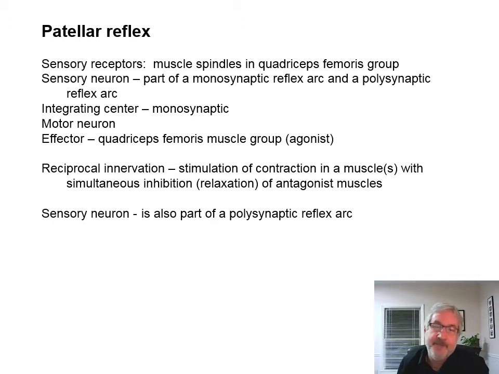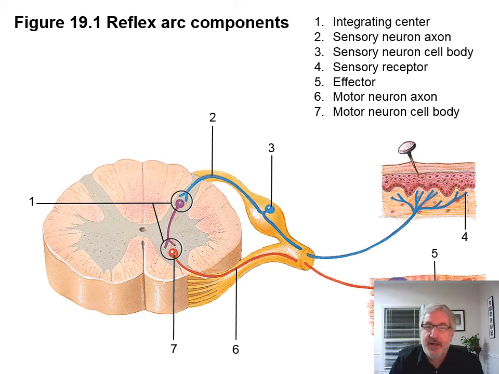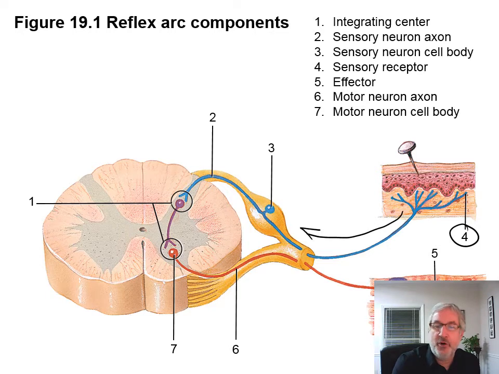Okay, next slide. So here's a diagram of the components. I'm going to start with the sensory receptor, number 4 over here. So there's a receptor, and then you get a sensation, and you get a nerve impulse come up here. So there's the sensory nerve axon, or cell body is here, and then the axon, sensory nerve cell axon, and then you have this integrating center.